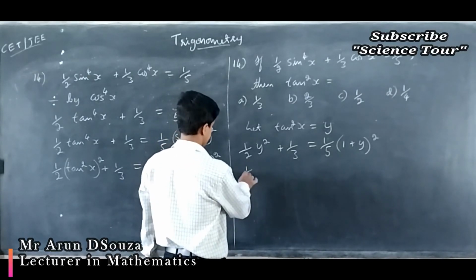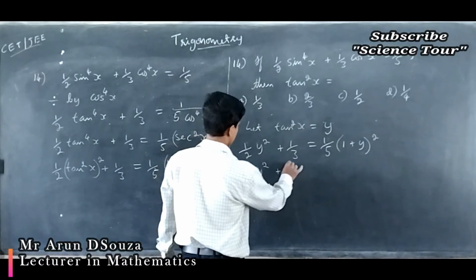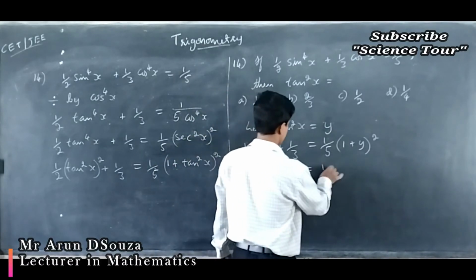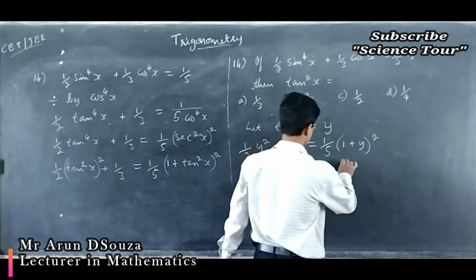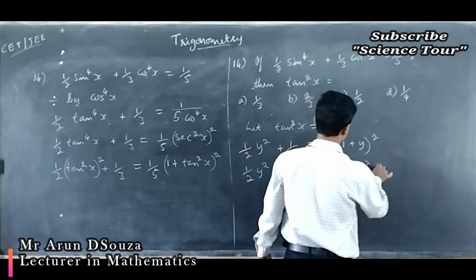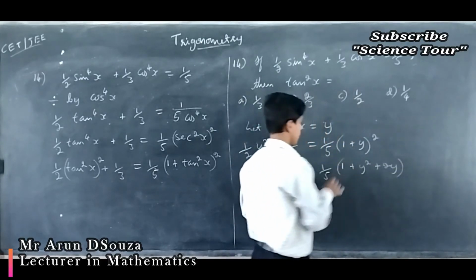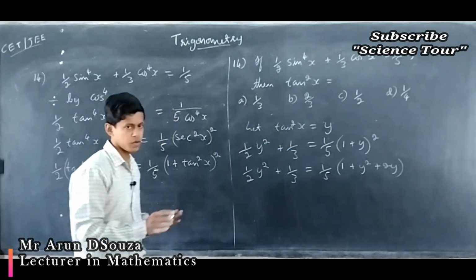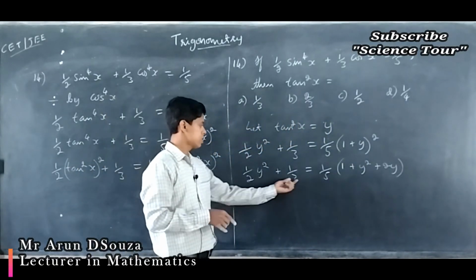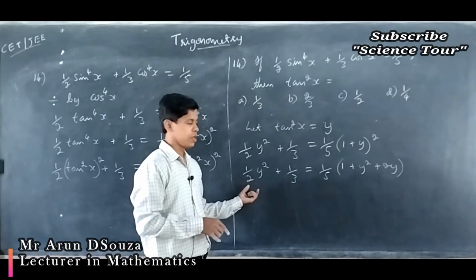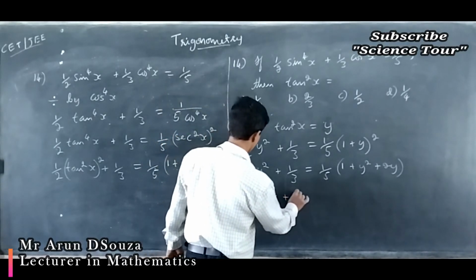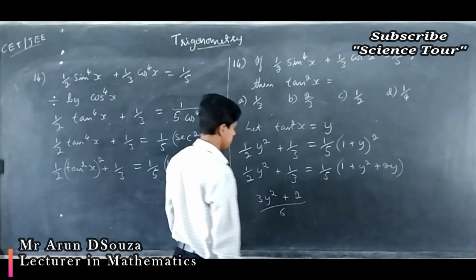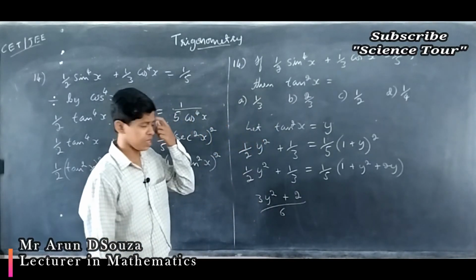So this is 1 by 2 y square plus 1 by 3, and let us use the formula a plus b whole square. So 1 plus y square plus 2y. Okay, so this is what I have now. What I'll do is I'll take LCM. So this will be 3y square plus 2 divided by 6, right?